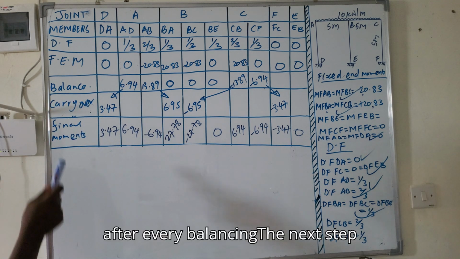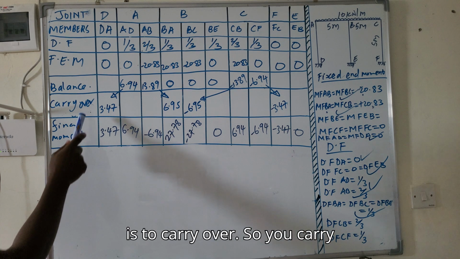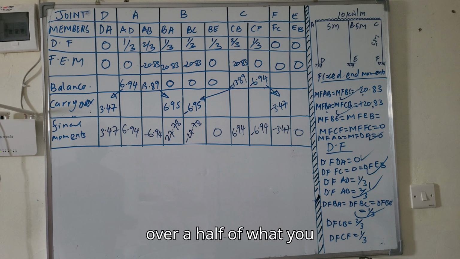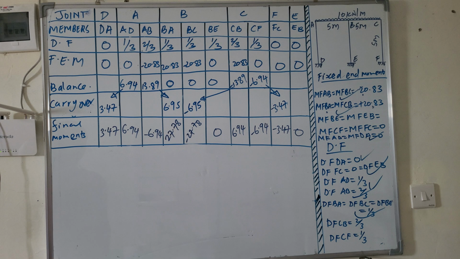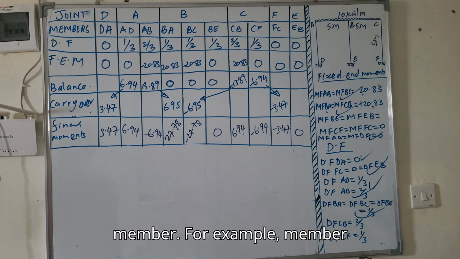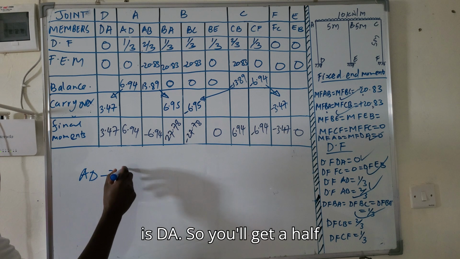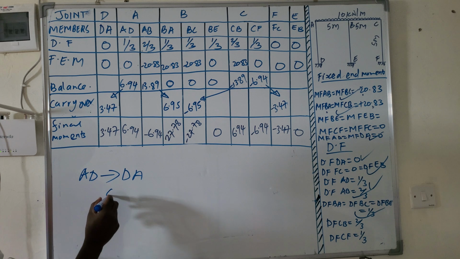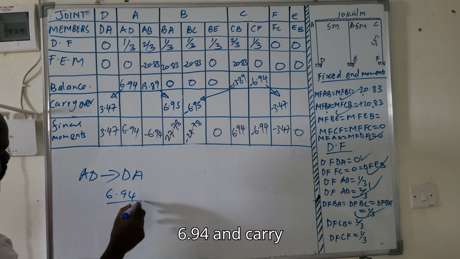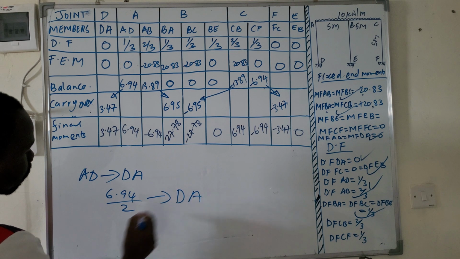So after every balancing, the next step is to carry over. You carry over a half of what you have balanced to the opposite member. For example, member AD. The opposite member is DA. So you take a half of 6.94 and carry it to DA.